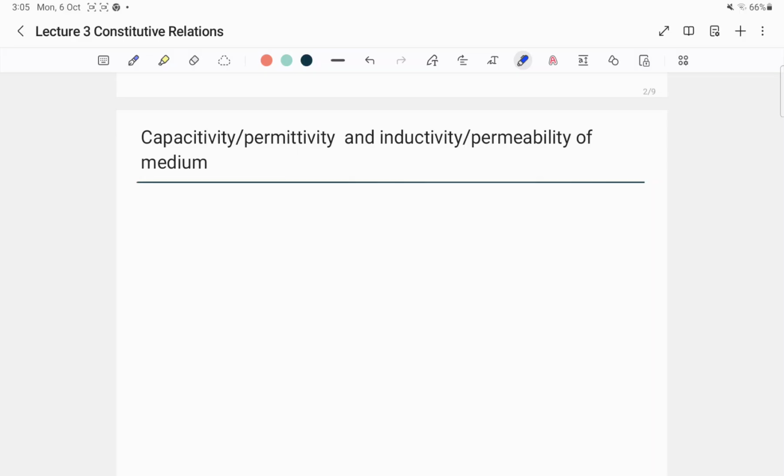So the first topic is capacitivity, permittivity or inductivity and permeability of medium. Epsilon is called the capacitivity or permittivity of the medium.